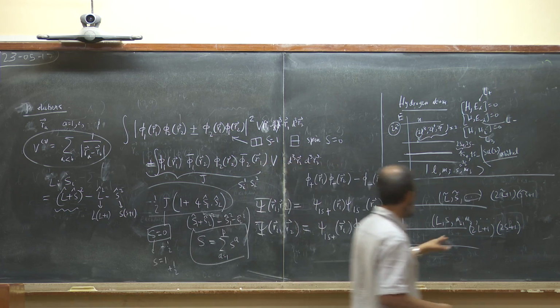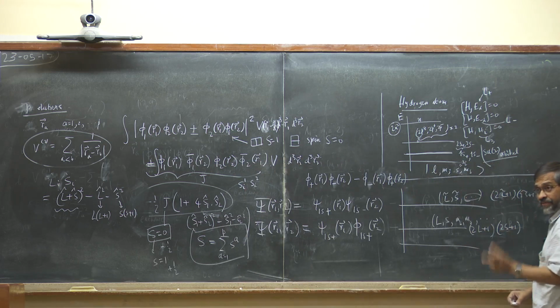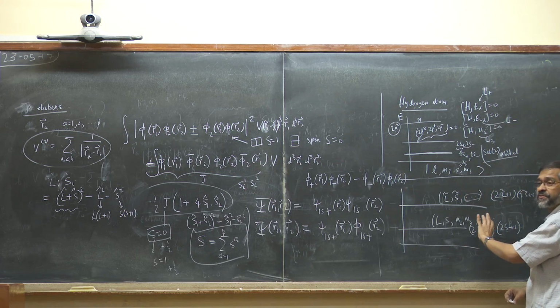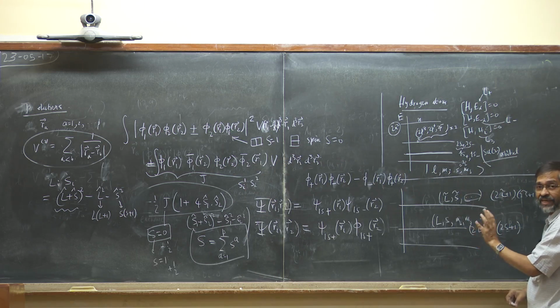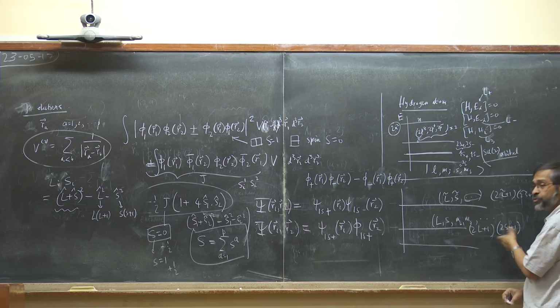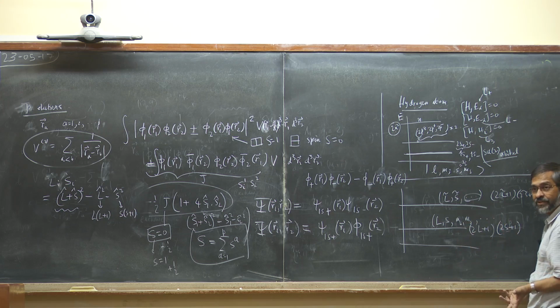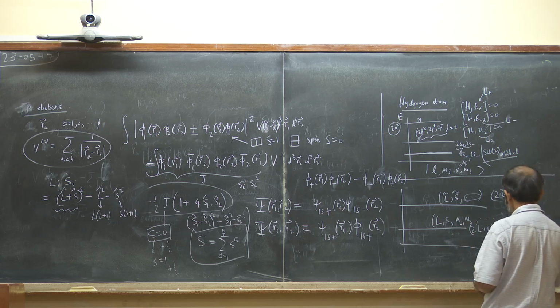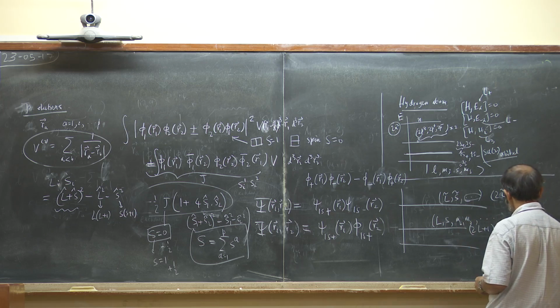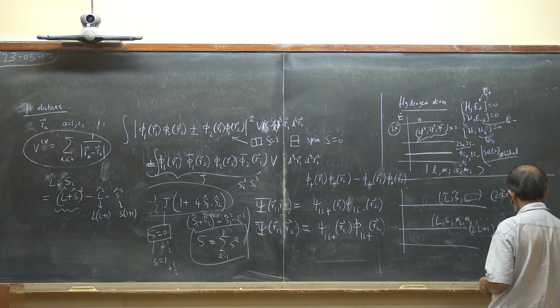Up to this point, there are two SU2s still, an SU2 which is rotating the L_i's, and an SU2 which is rotating the S_i's. So, we still have SU2 of orbit and SU2 of spin.